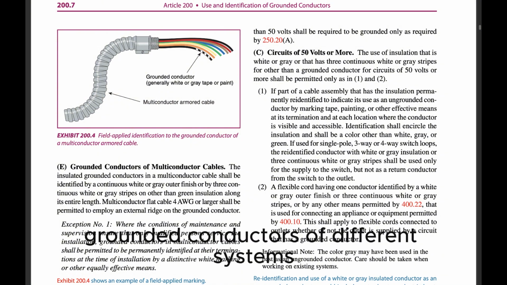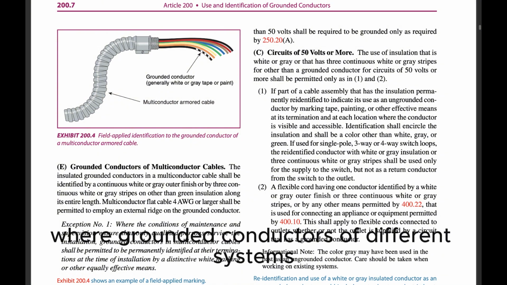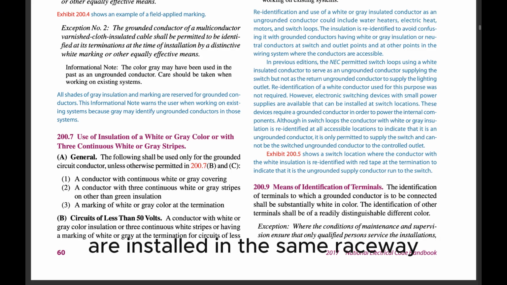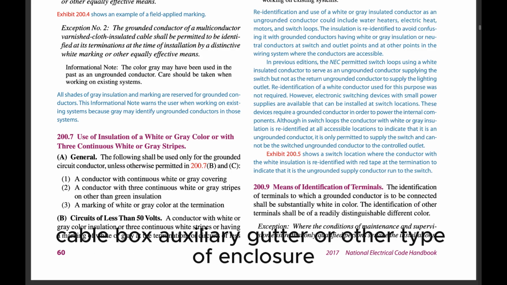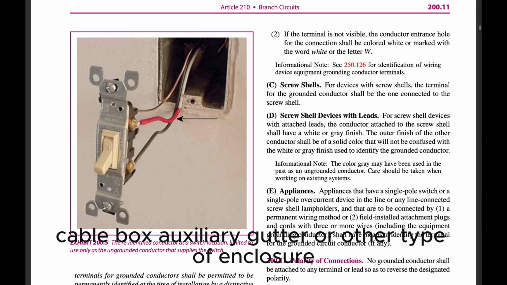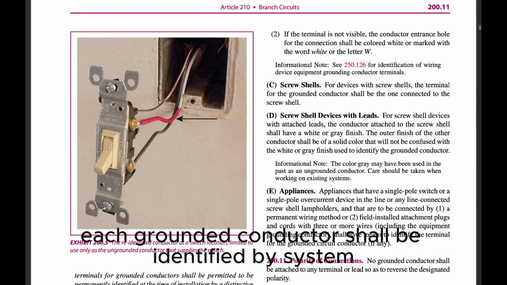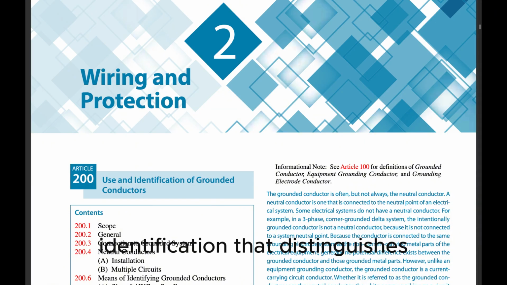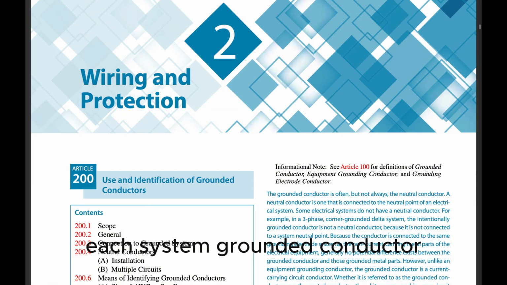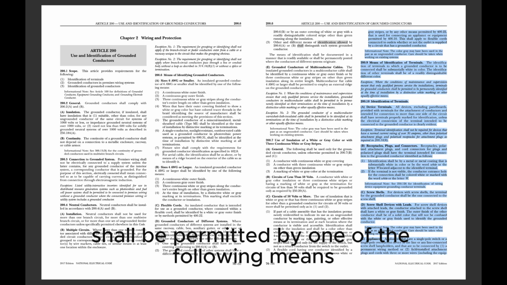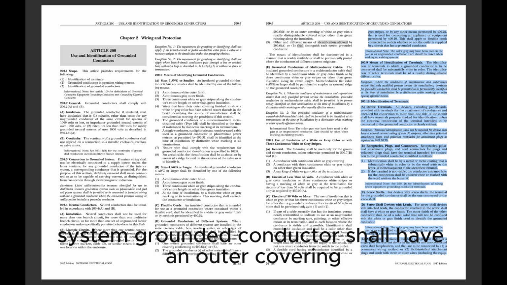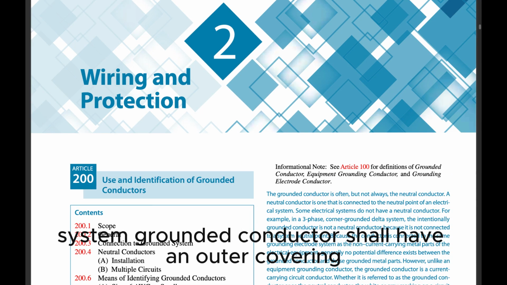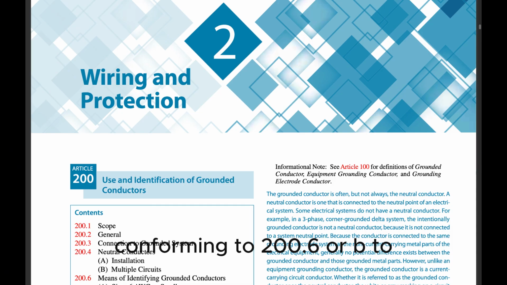(D) Grounded conductors of different systems. Where grounded conductors of different systems are installed in the same raceway, cable, box, auxiliary gutter, or other type of enclosure, each grounded conductor shall be identified by system. Identification that distinguishes each system grounded conductor shall be permitted by one of the following means: 1. One system grounded conductor shall have an outer covering conforming to 200.6(A) or (B). 2.